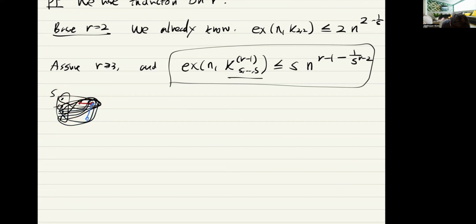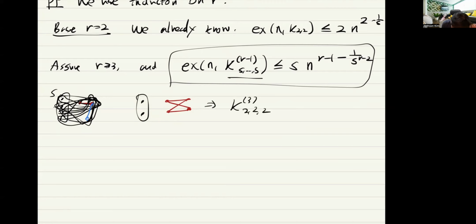You keep doing that, and you collect many of these pairs. And then if you find this in here, and you know that this is an edge, and this is an edge, and so on, then you find the K_{2,2,2}, a 3-uniform one.